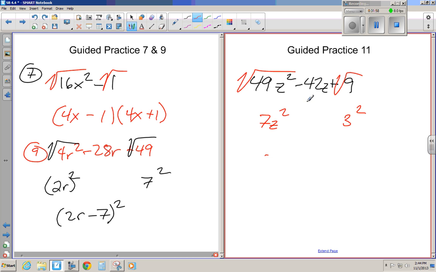And now, is that a plus right there? For number 11? Yeah, they're all pluses. They're all pluses. And so now that means 7z squared, and it's simply the plus 3 part.